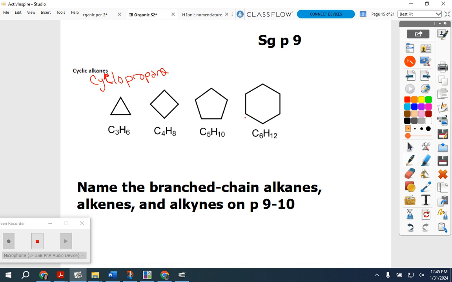Okay. I actually want to move on from there. So I will suggest that you practice with naming those compounds. And after we get through this section, I'm going to go ahead and publish the answer key to the packet so that you can check your naming on all of the different compounds in this section. And then you can always ask me if you have questions if something doesn't make sense.